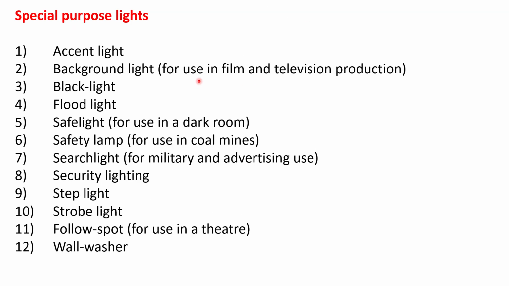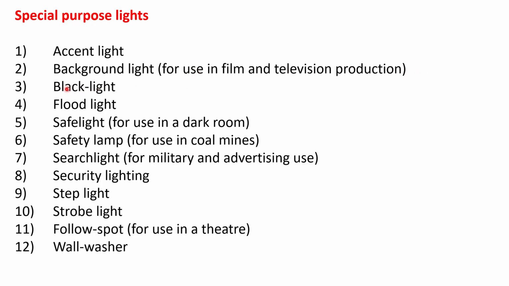Friends, plenty of special purpose lights have been used. One of them is accent light that enhances the environment, making it more dynamic and lifelike. Second, background light for use in film and television productions.